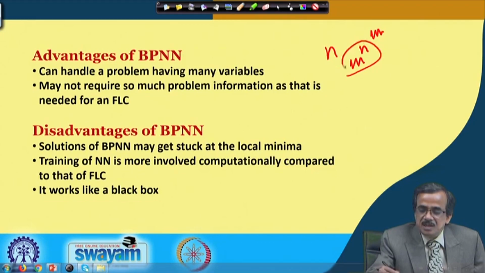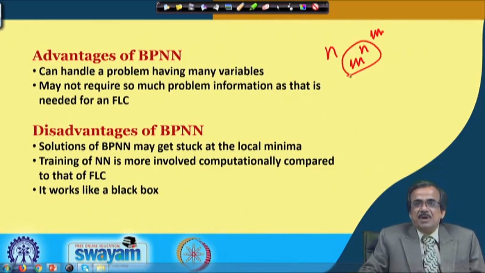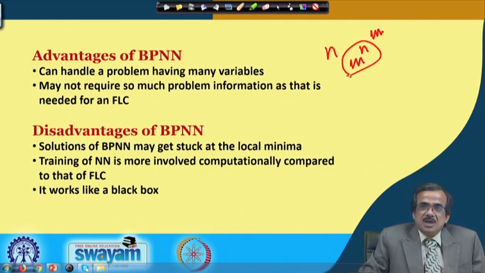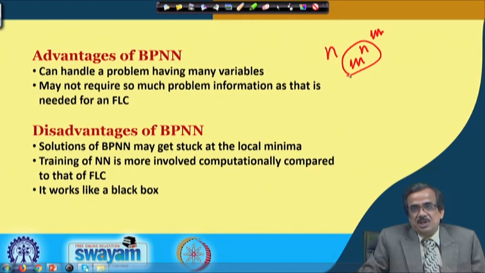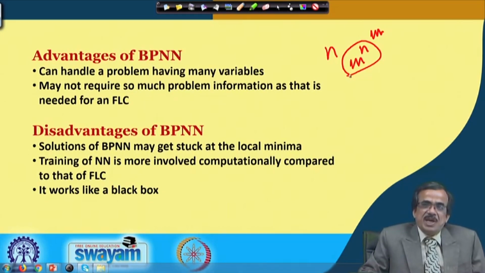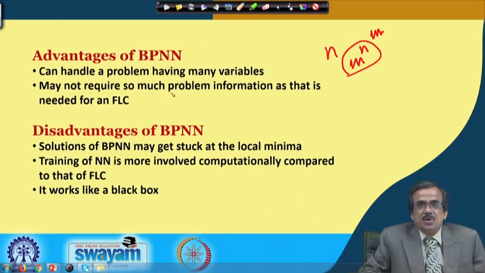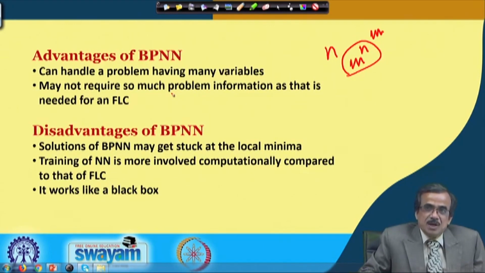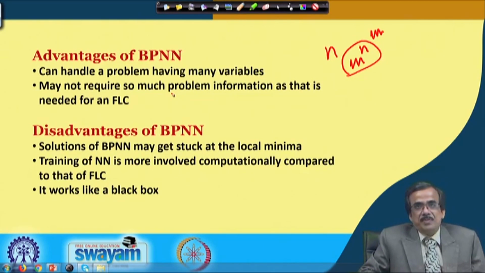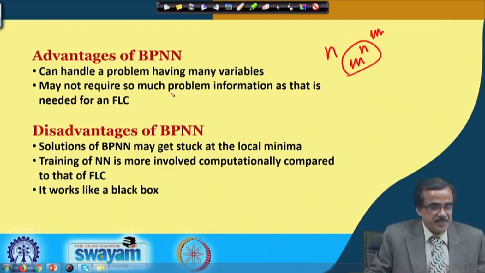It is a very large number, and this is known as the curse of dimensionality. Here, for the same problem, if I use the multi-layered feed forward network, we will get efficient modeling. So, in place of the fuzzy reasoning tool, we can use this multi-layered feed forward network.